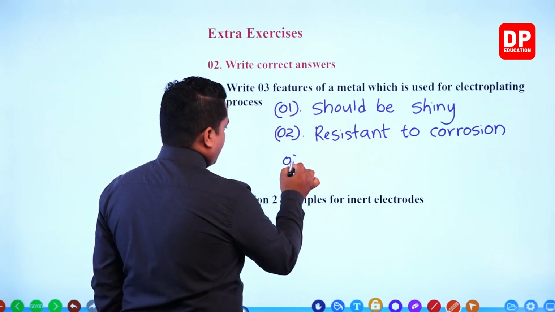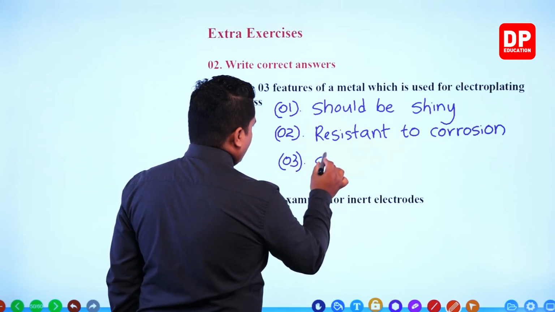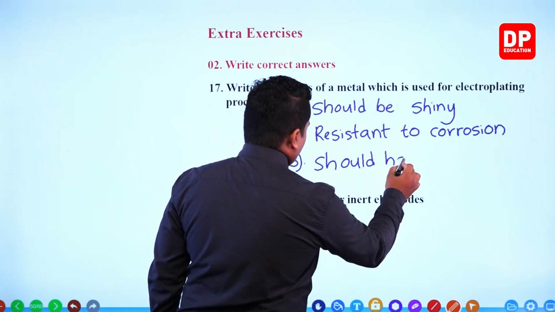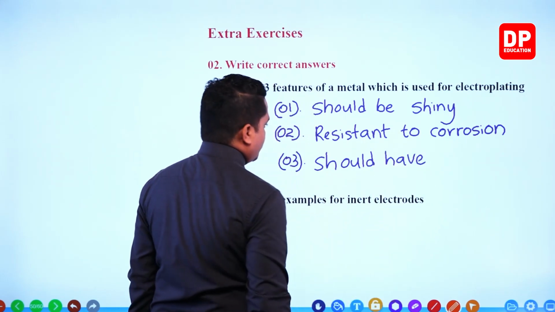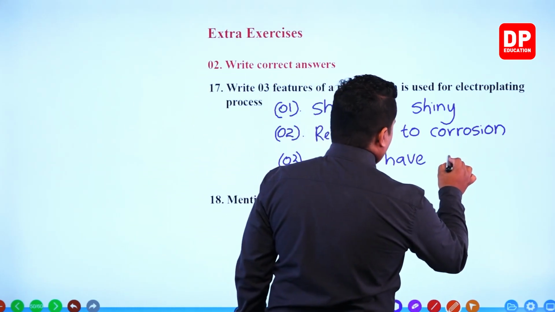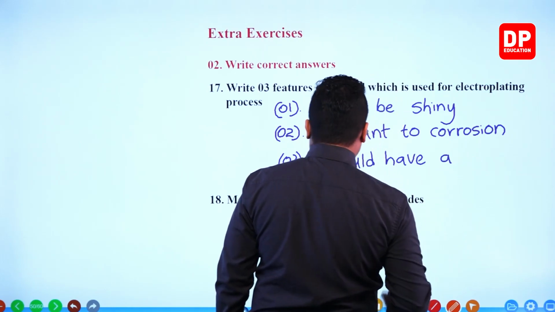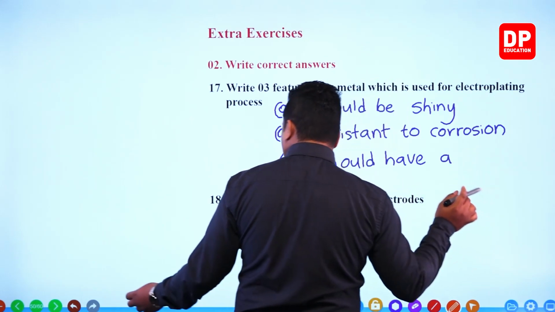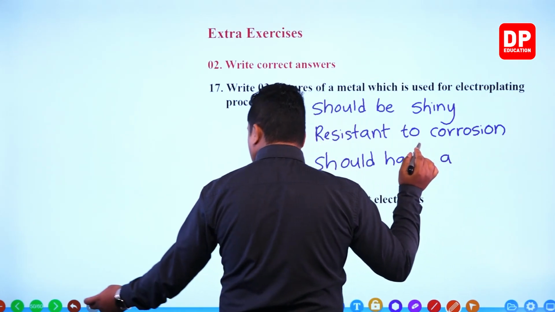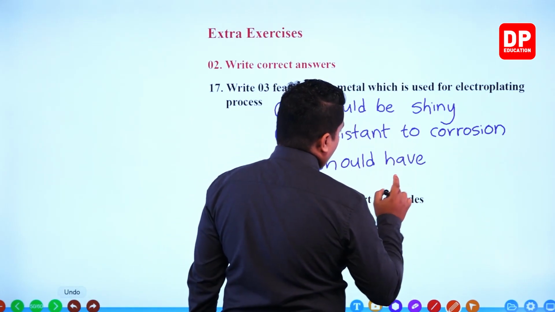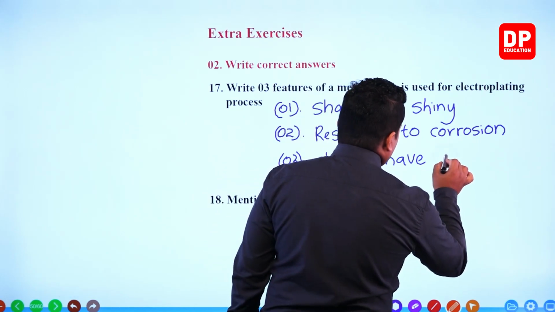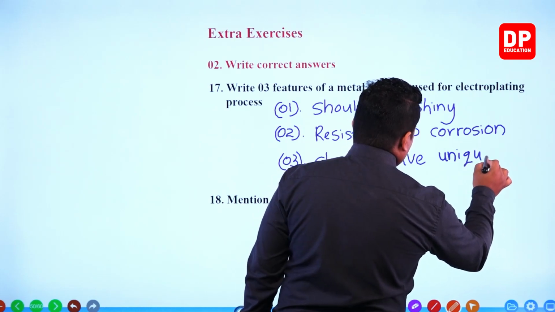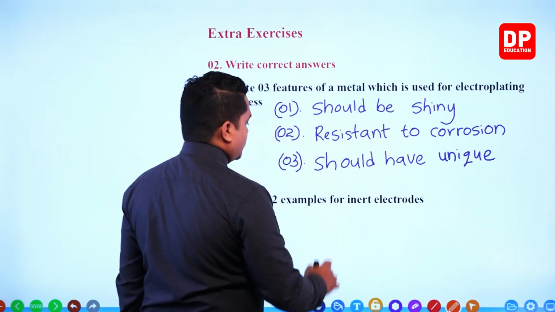Next one, number 3, should have a unique color, or else an attractive or unique color.